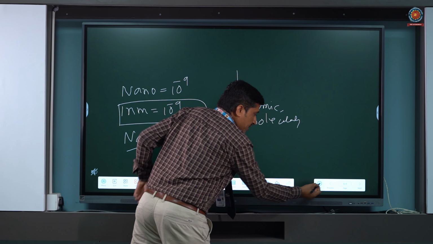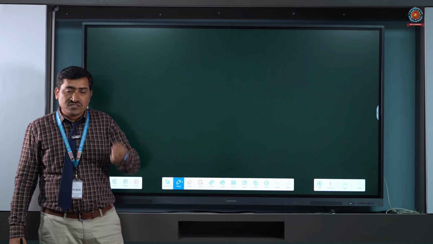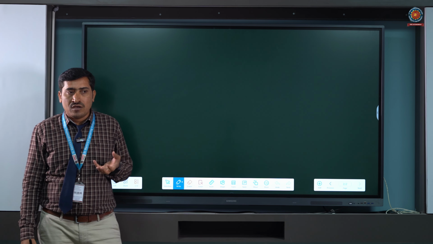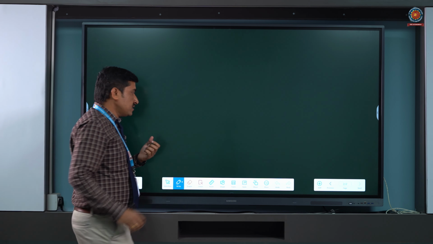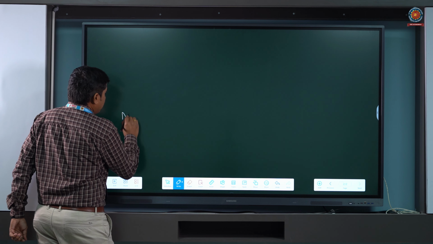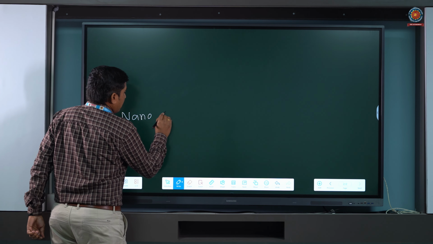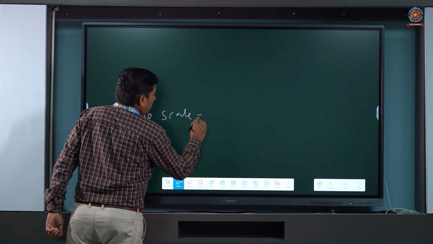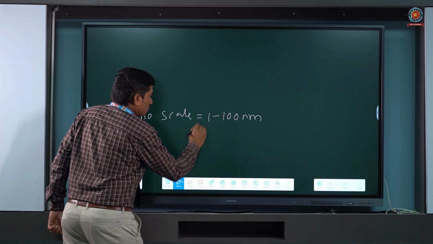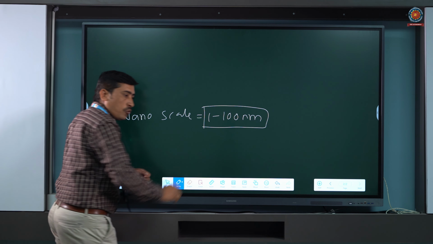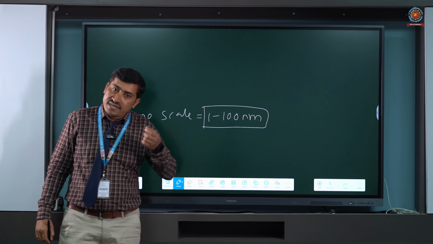So that is called nanoscience: a branch of science to manipulate our sample at nano level. What is the nanoscale? The nanoscale is 1 to 100 nanometers. This is the range in which we have to prepare our sample.